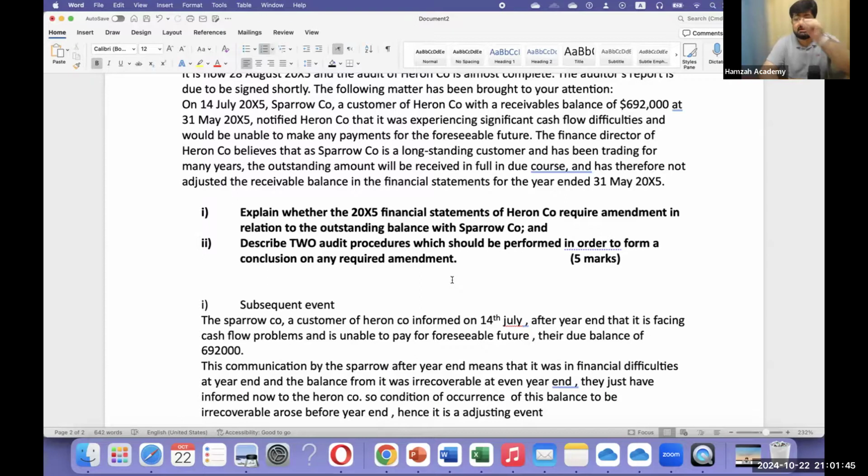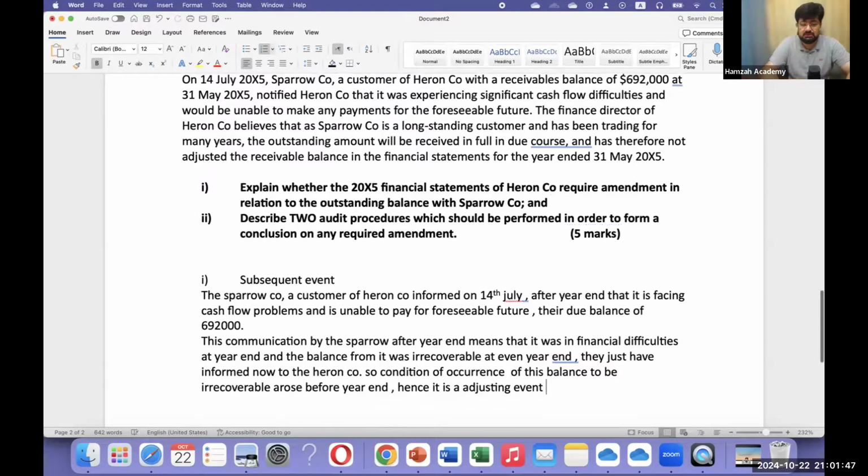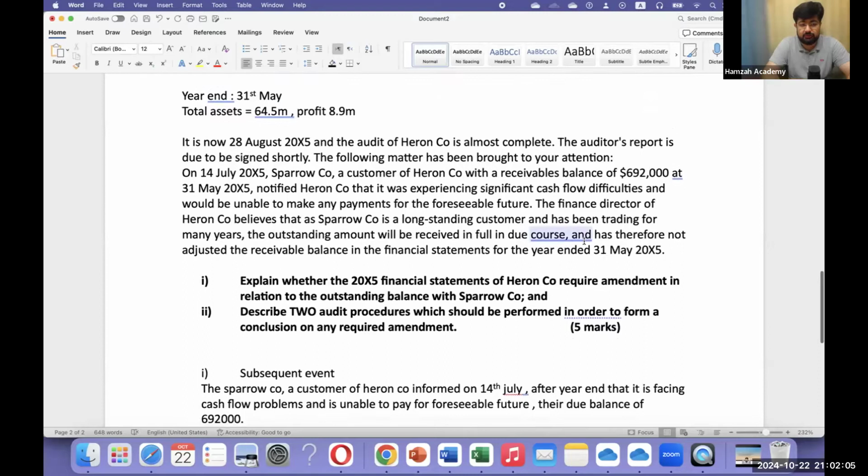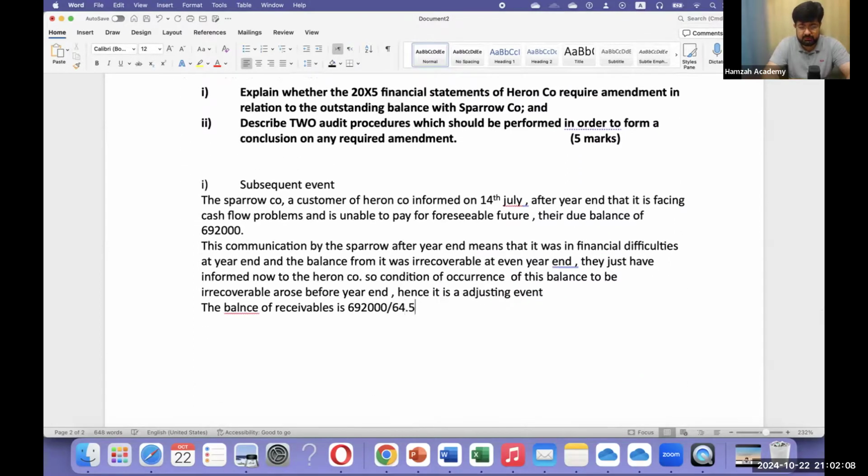The adjusting event. The balance of receivables is 692,000 divided by 65.4 million.